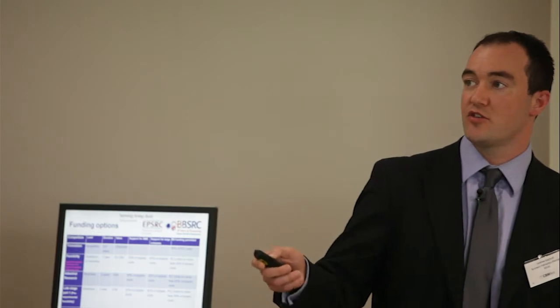So the Industrial Biotechnology Catalyst has a range of 5 funding streams. And this may seem a little bit complicated to begin with, but it can be very quickly simplified into the further down the list you go, the closer to market your technology, product or process is. So if your project still requires a significant amount of fundamental research, then you're probably looking at the translation or feasibility type projects.